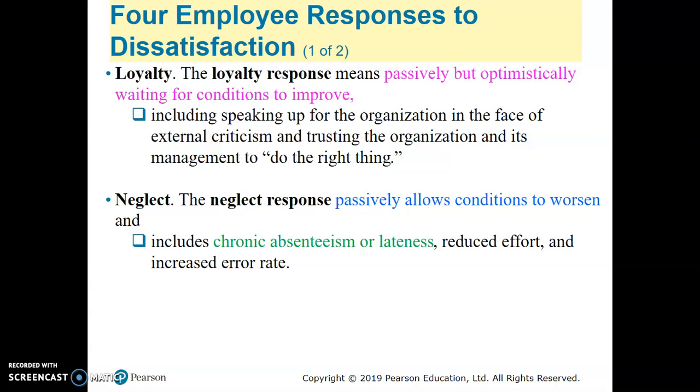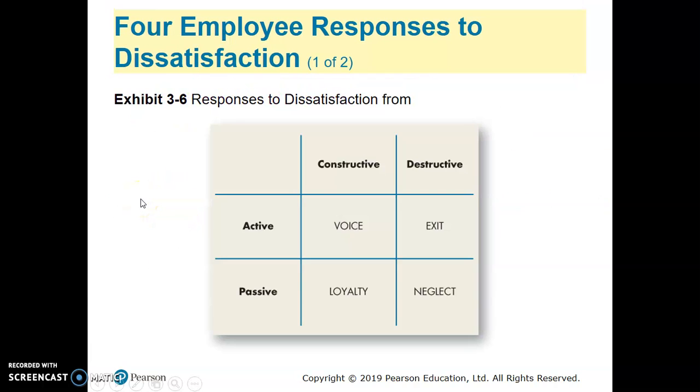Maybe the superior will rate their performance negatively if they respond to the dissatisfaction in this way.